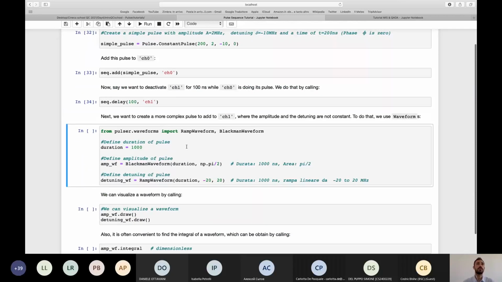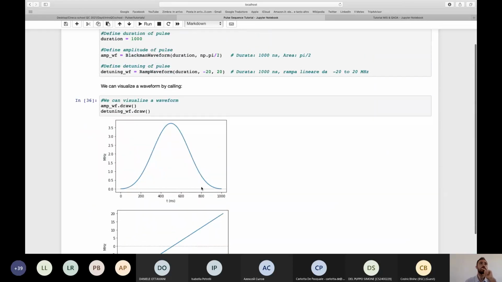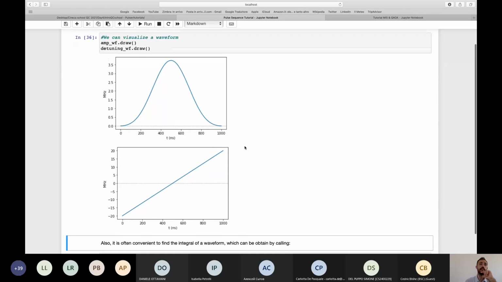But now, if I want something that is more complicated, I use these two functions that are already built, called Blackman waveform and ramp waveform. One is for the amplitude, one for the detuning. Instead of describing the properties, I'm going to show you what these two are. So the amplitude is going to be something like this, and the detuning is going to be something like this.